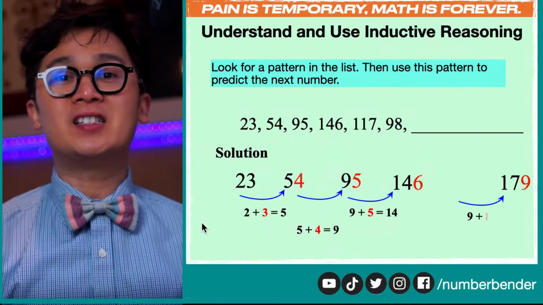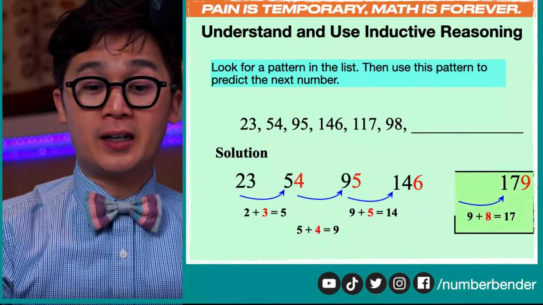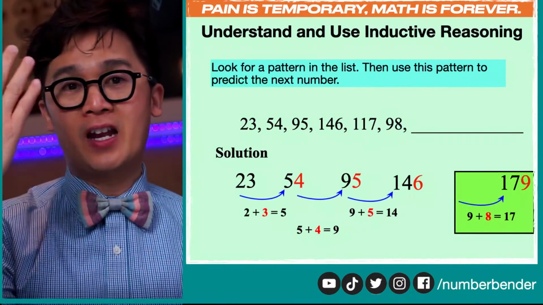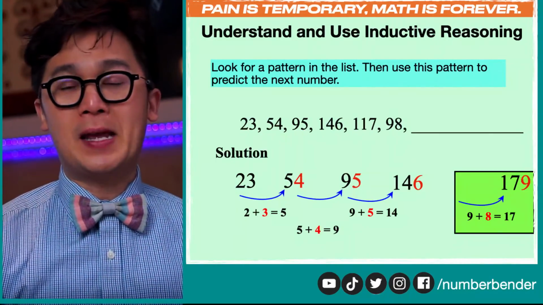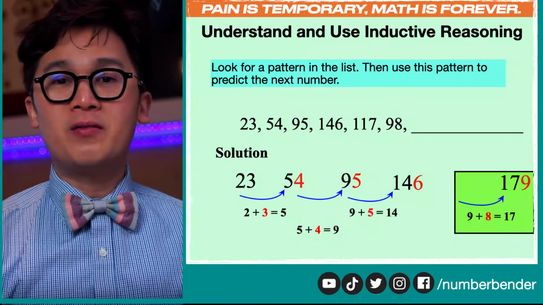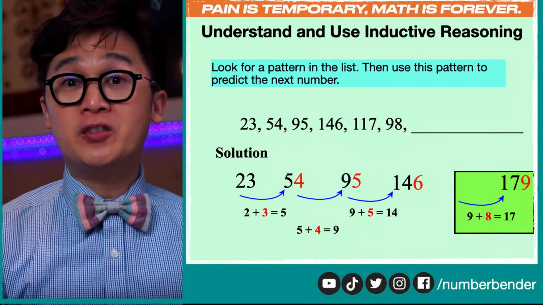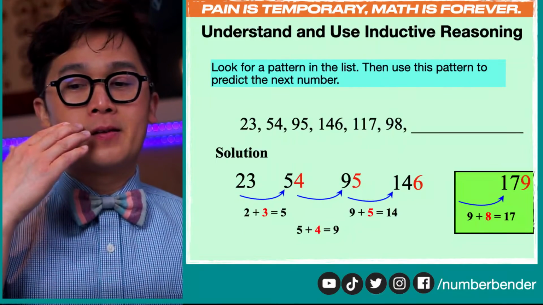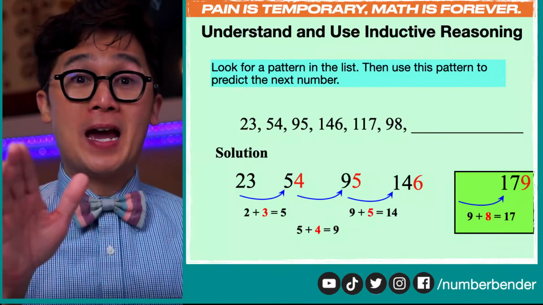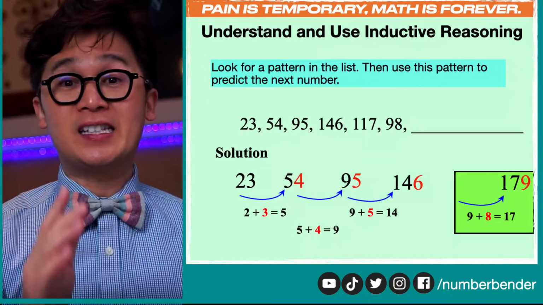In this case, the number is 179, based on the inductive reasoning that we used to come up with this pattern. So this way of thinking is called inductive reasoning because we are basing our conjecture on the patterns that we are seeing in this sequence.